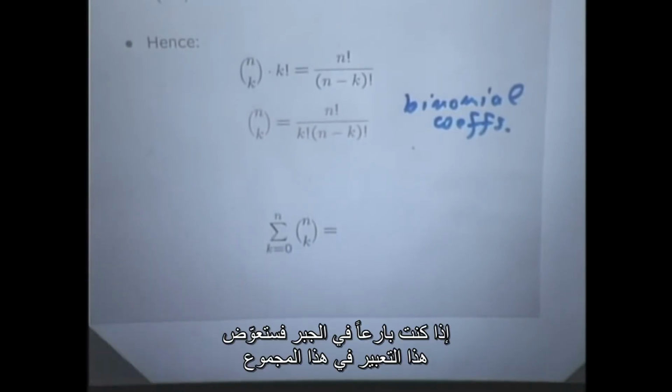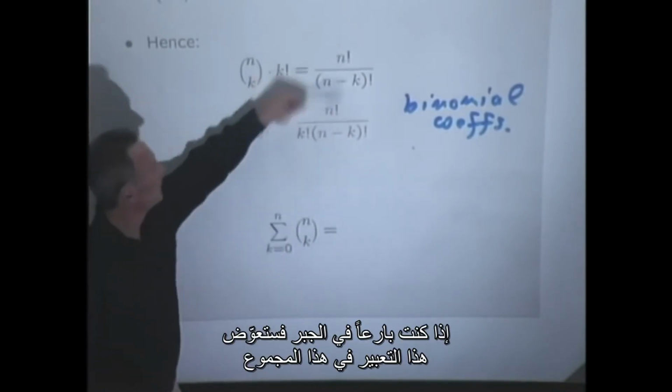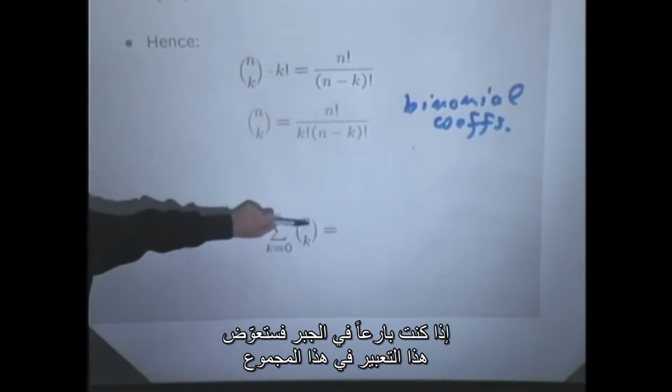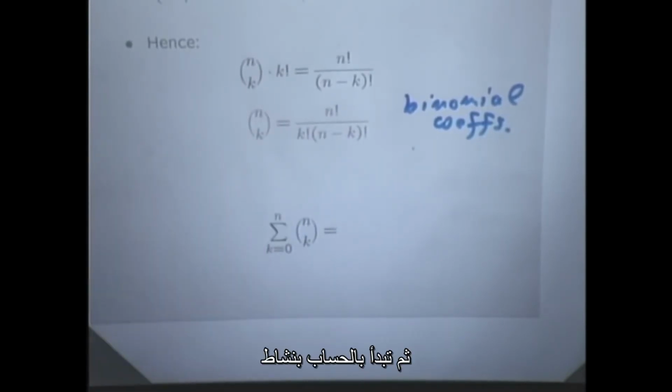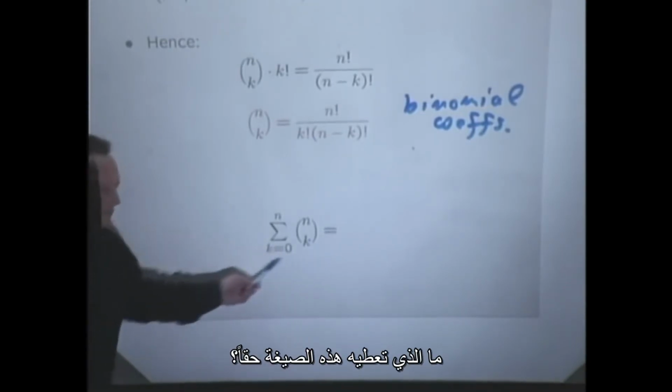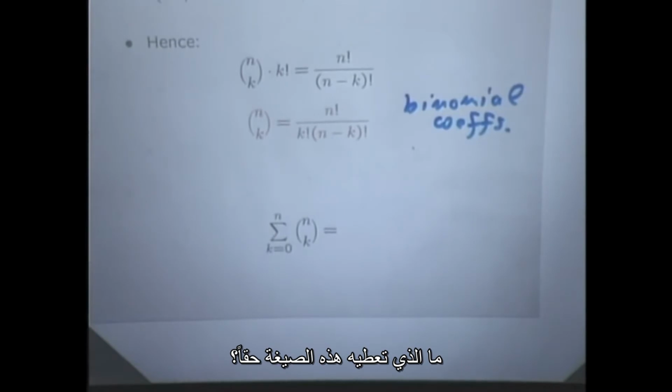So if you're an algebra genius, you're going to take this expression here, plug it in here, and then start doing algebra furiously. And half an hour later, you may get the right answer. But now let's try to be clever. What does that formula really count?